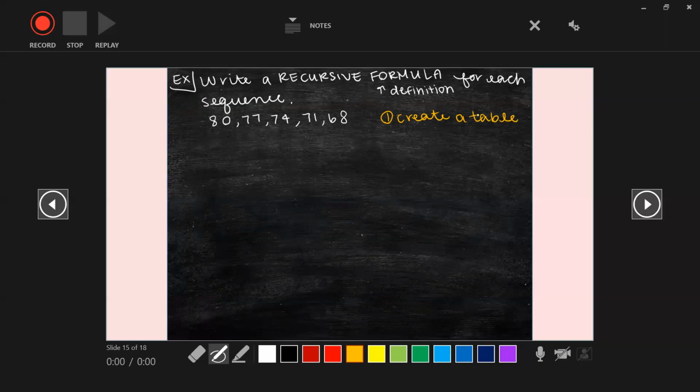So why don't you try and create a table on your own sheet of paper? What is my initial condition, Josh? 80. Yeah.